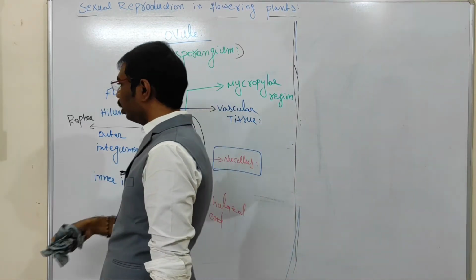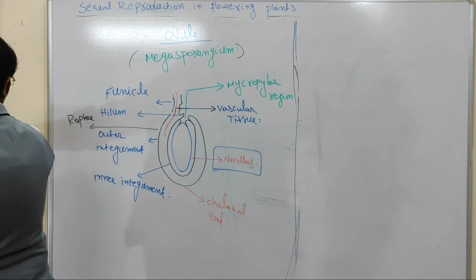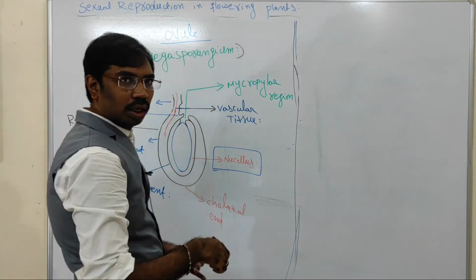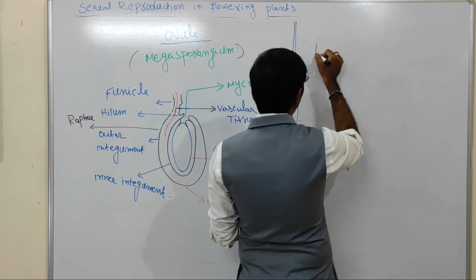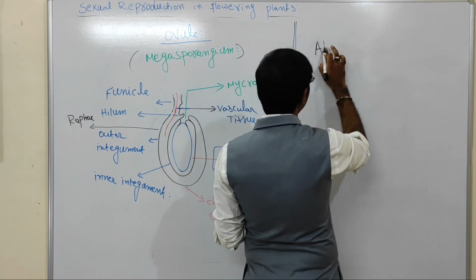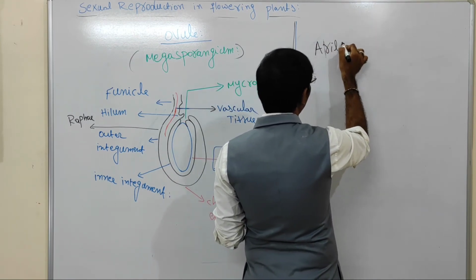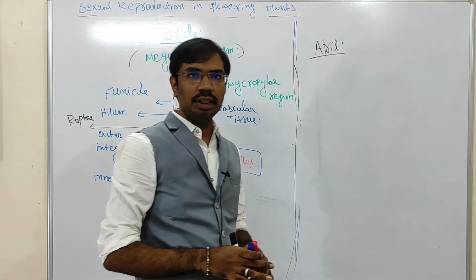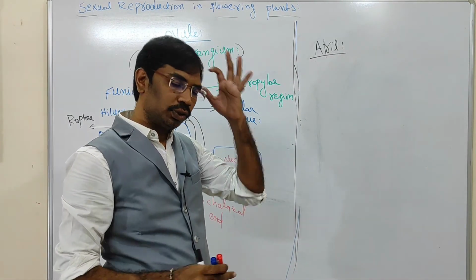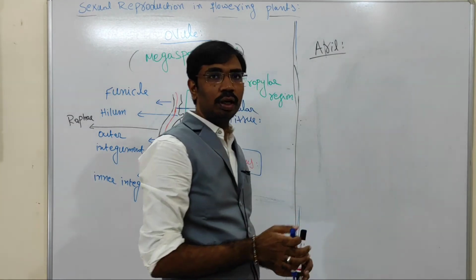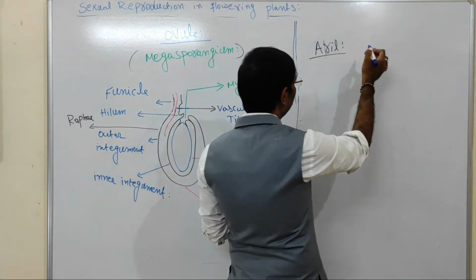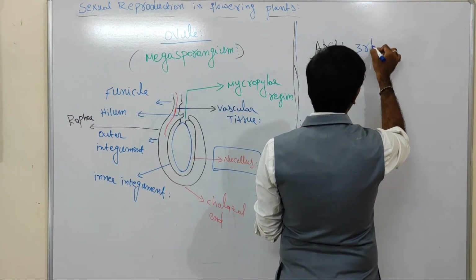How many integuments did you study here? Two integuments, the inner integument and the outer integument. But some plants contain an extra integument. More than one integument is present in some ovules. That is called aril.